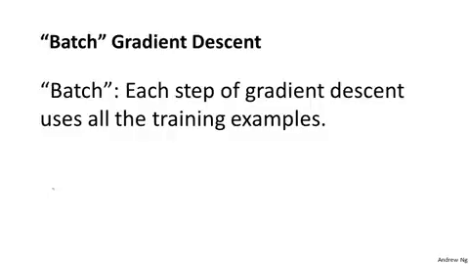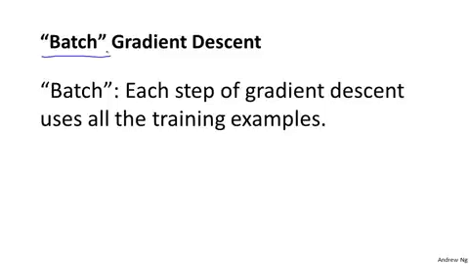Finally, just to give this another name, the algorithm that we just went over is sometimes called batch gradient descent. I feel like us machine learning people are not always great at giving names to our algorithms. But the term batch gradient descent refers to the fact that in every step of gradient descent, we're looking at all of the training examples.